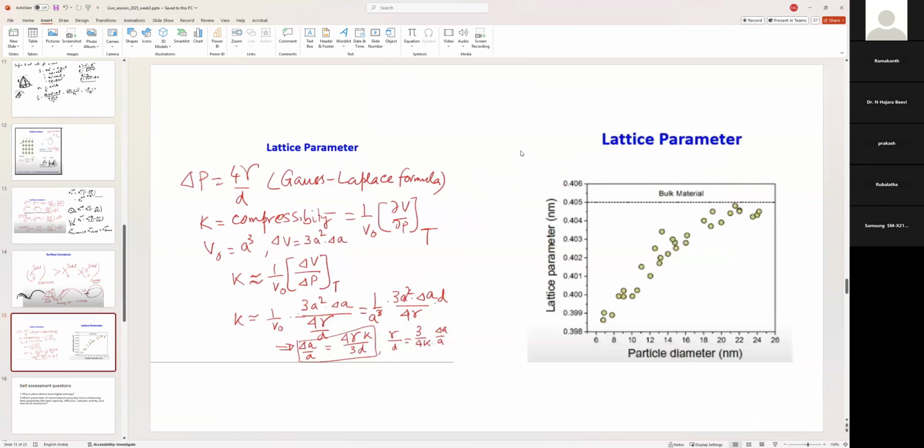The last thing he covered was how the lattice parameter changes depending on the size of the particle. So the equation is delta A by A is 4 times gamma K 3D.